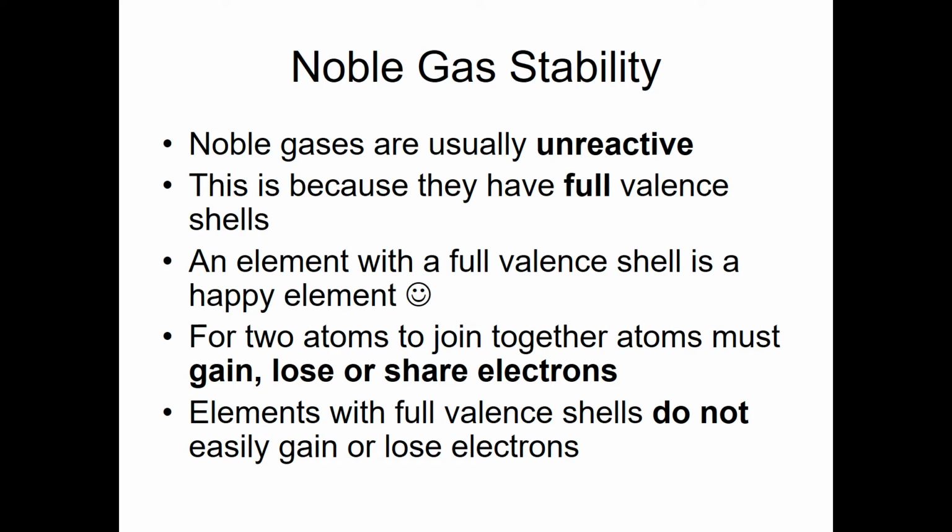Elements with a full valence shell do not easily gain or lose electrons. So the noble gases are the most stable elements. They do not like to react because they cannot gain any more valence electrons.